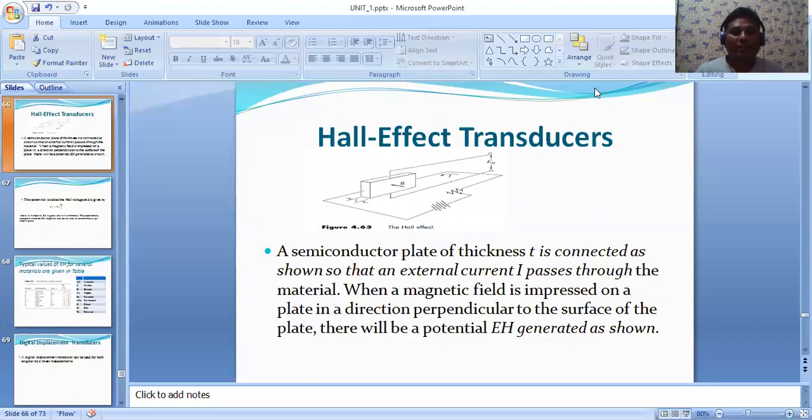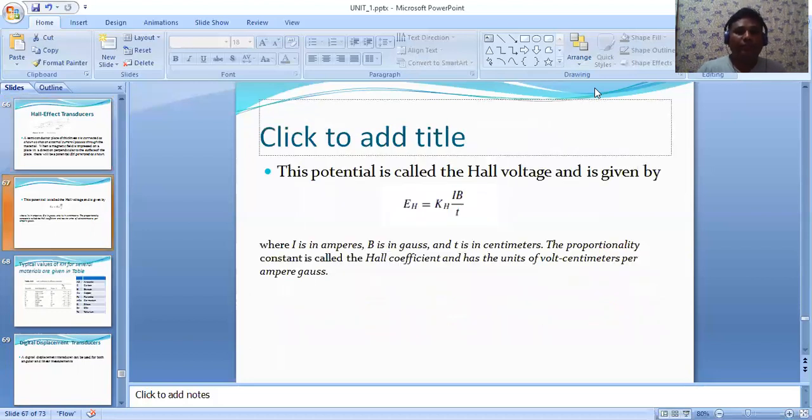And therefore, a potential energy effect is generated, called the Hall voltage.